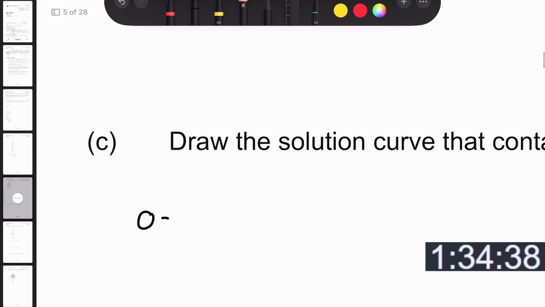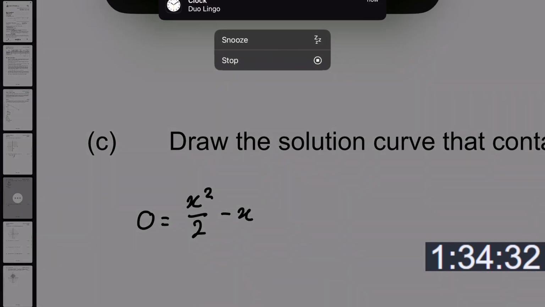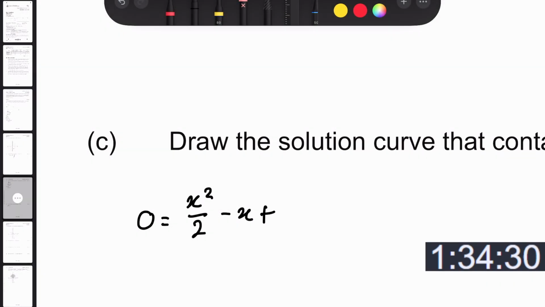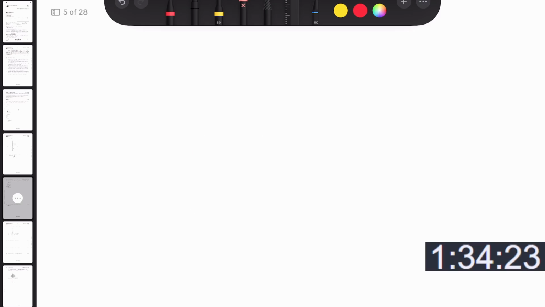So let's say 0 equals x squared on 2 minus x plus 1 on 4. And hold on, we're going to pause because I need to do my time, so I'll be back. And we're back.